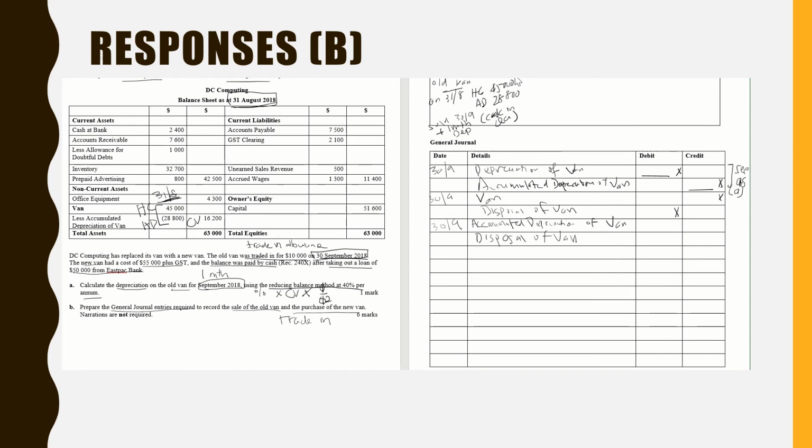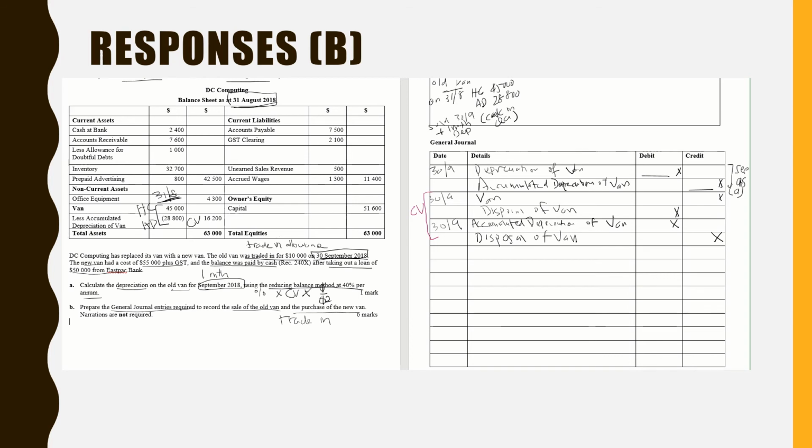Because the accumulated depreciation would have been recorded on the credit side, to transfer it out we need to debit the accumulated depreciation account and credit the disposal of van account. So with these two entries here, you can basically see that I have dealt with my carrying value. I've transferred out the carrying value of my asset, my old van, into the disposal of van account.